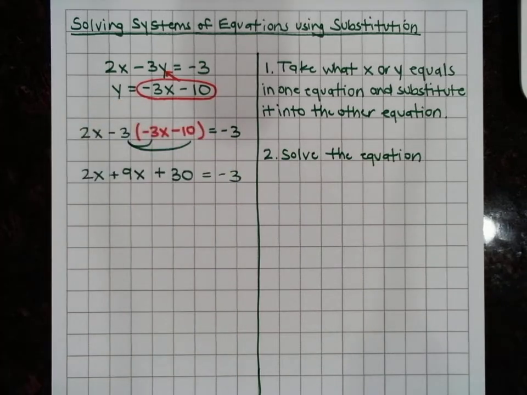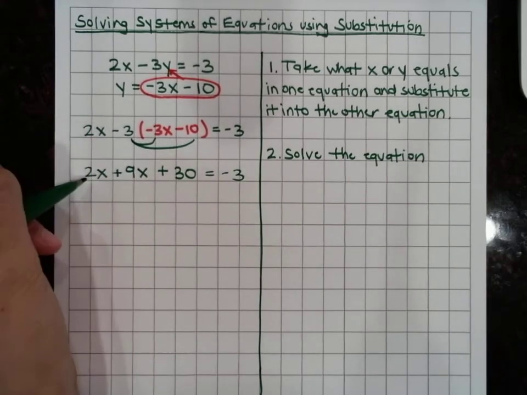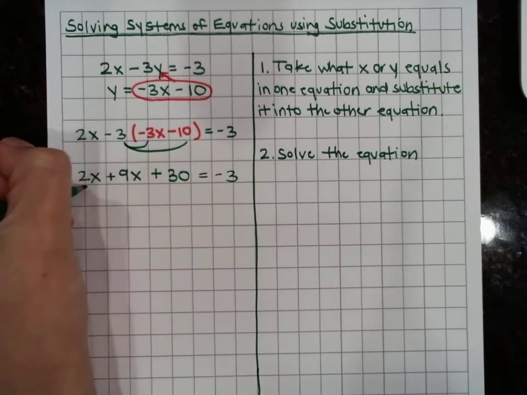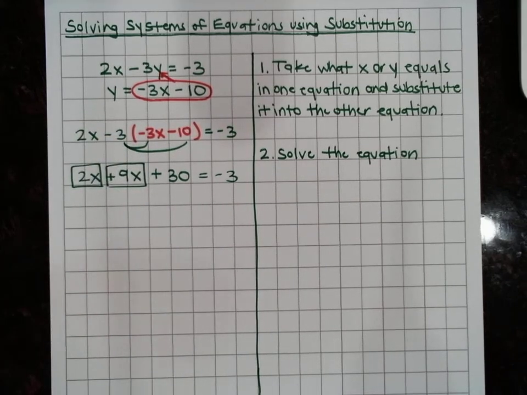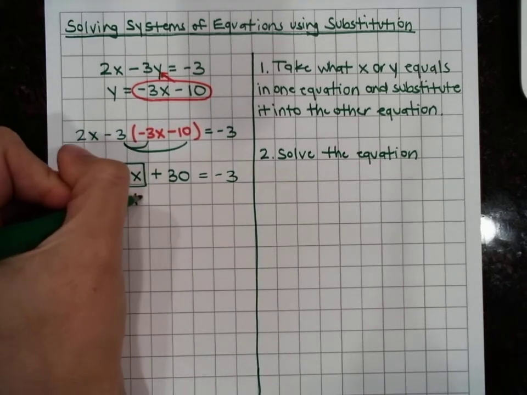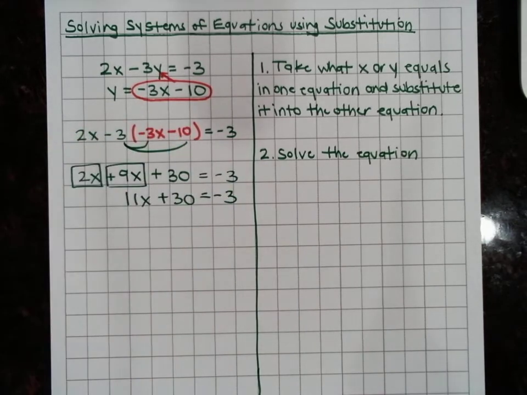So again, we're using our solving equations skills, and we have like terms on the left side of our equation. So we need to combine our like terms first. So we have 2x and 9x, which gives us 11x plus 30 equals negative 3.